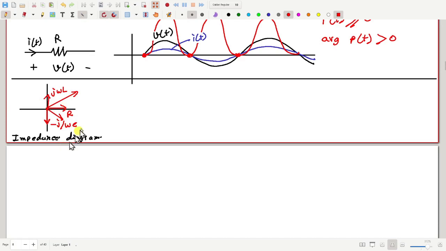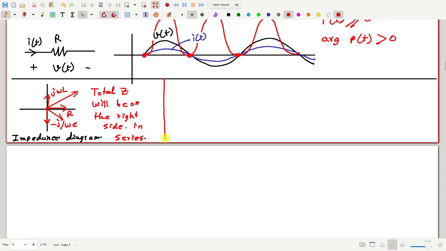It cannot be on the left side. So the total Z will be on the right side when they are in series.